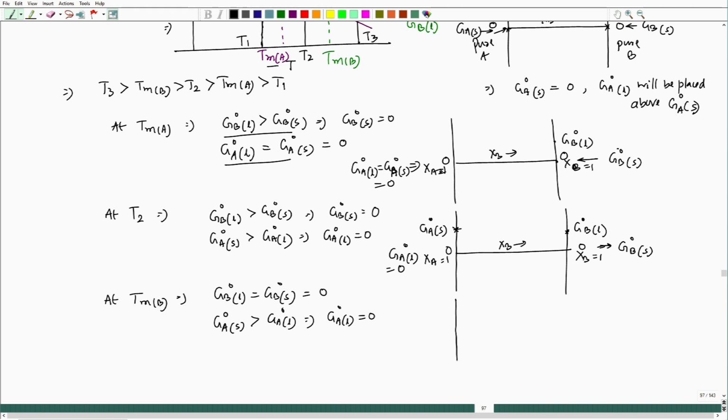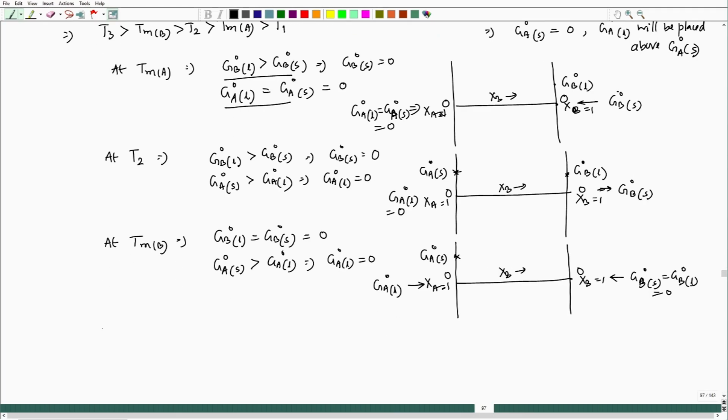If I try to show it over the same plot, XB equal to 1, XA equal to 1, that means both the pure sides. Here it would be GB naught solid equal to GB liquid. So, both are taken 0, and those are 0 values. Here GA naught liquid, and correspondingly I have to show GA naught solid at this point.